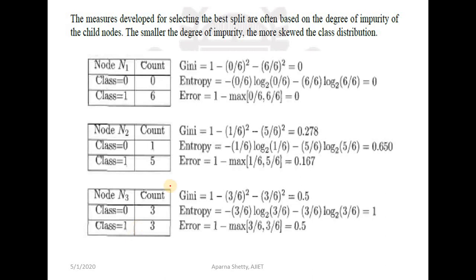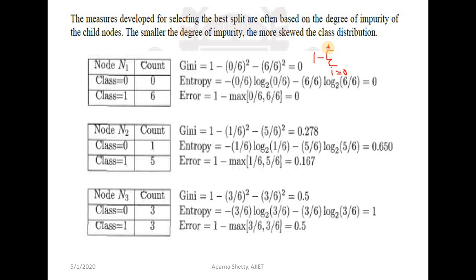The Gini index formula is 1 minus the summation of i equal to 0 to C minus 1. Here there are two classes, so 2 minus 1 will be 1.